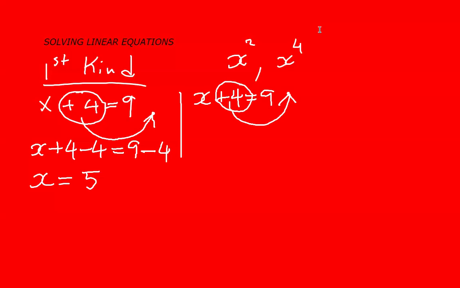And if it's a negative, you got it right, it becomes a positive. In this case, you have a positive 4. So if the positive 4 moves on to the right-hand side to be with the other integer, then it becomes a negative 4. So we say x is equals to 9 minus 4, and the same answer, x is equals to 5.